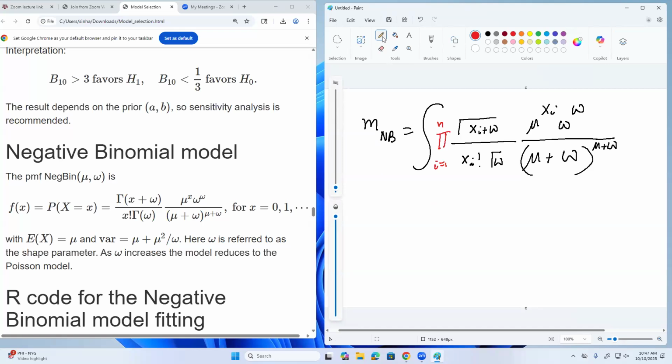And then we took the normal prior for log of mu, right?